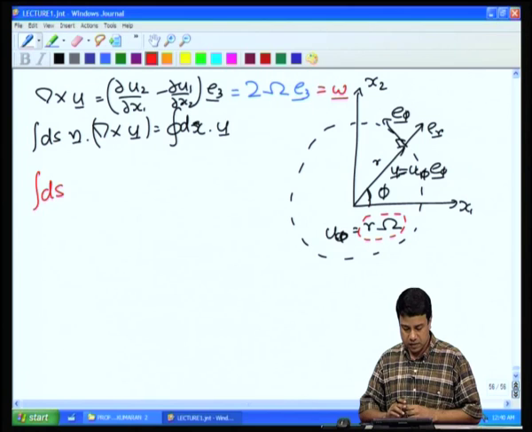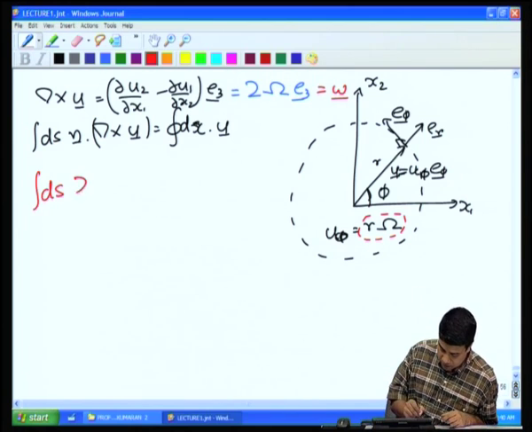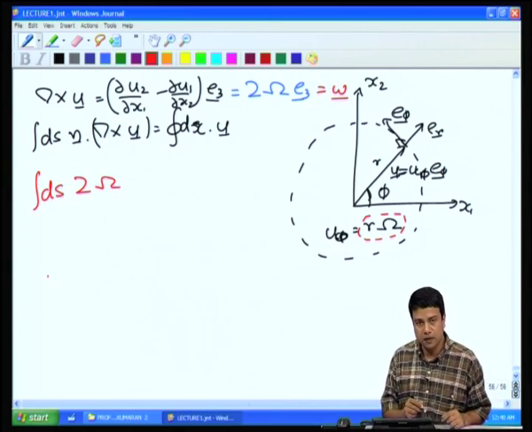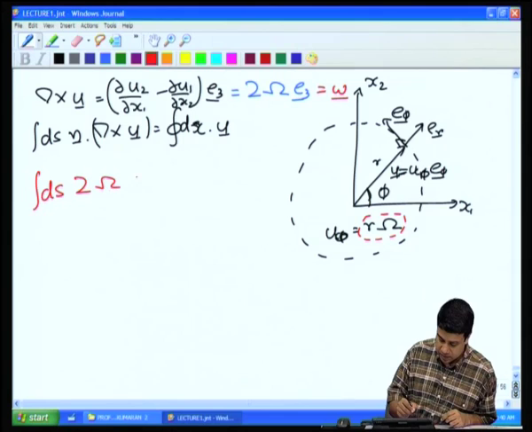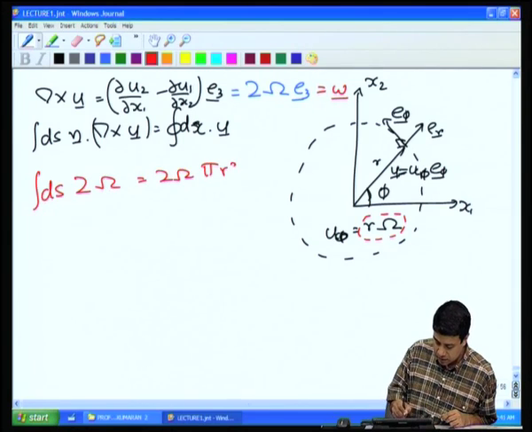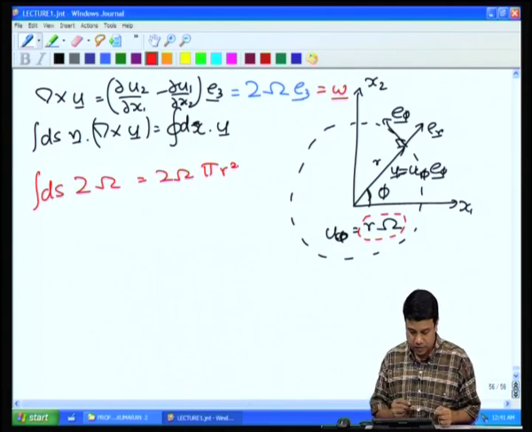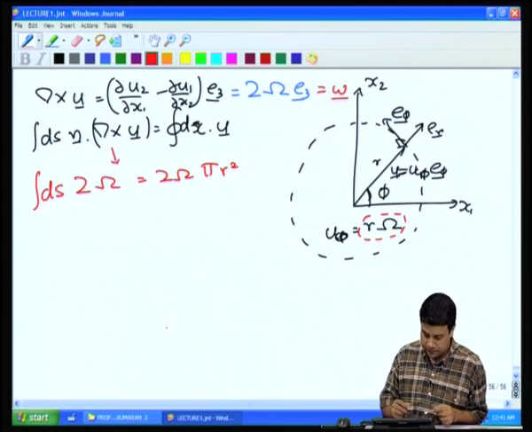So, I just get 2 omega E3 dotted with E3 itself, this just becomes 2 times omega, integral over the surface. And for this circular surface, this just becomes equal to 2 omega times pi r square, that is this one.